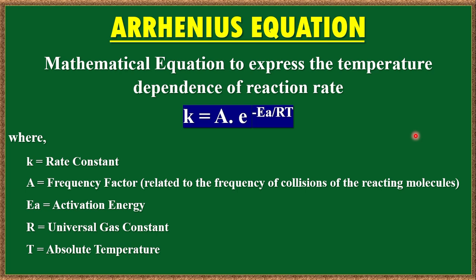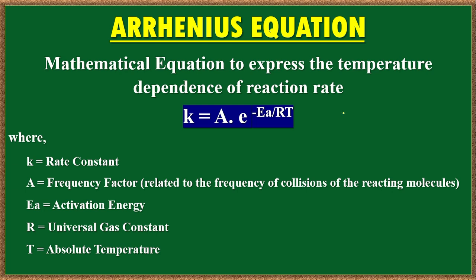And we have studied while discussing the factors affecting the reaction rate that normally the rate of reaction nearly doubles for every 10-degree rise in temperature. And this is expressed in terms of the Arrhenius equation. Now we will discuss more about the rate constant of a reaction while we discuss the order and molecularity of a reaction and the rate law expression.